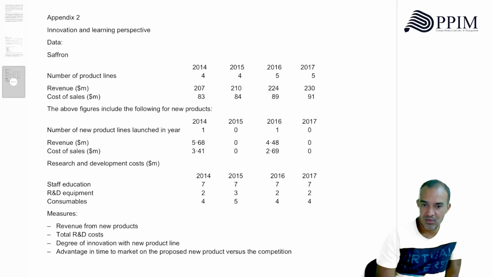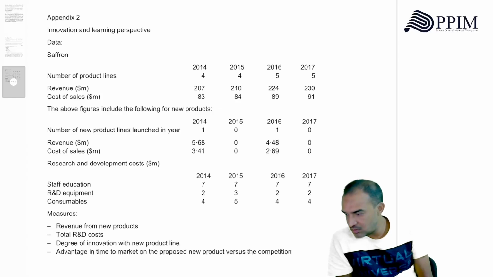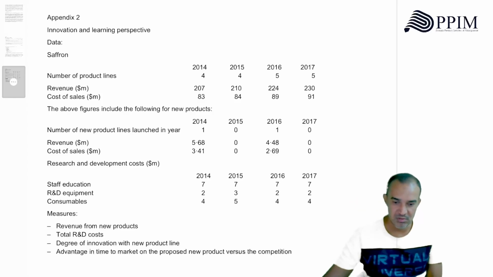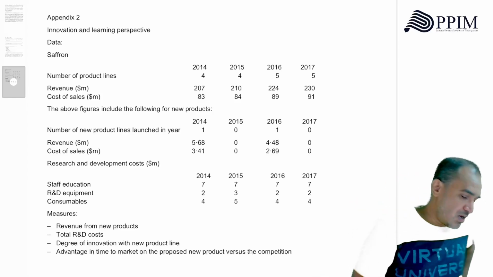Above figures include the following for new products. Number of new product lines launched, revenue, cost of sales, R&D, staff education, R&D, consumables. Measures: revenue from new products, total R&D cost, degree of innovation with new product line, and advantage in time to market on the new proposed product versus the competition. Can you first tell me which measures are appropriate?